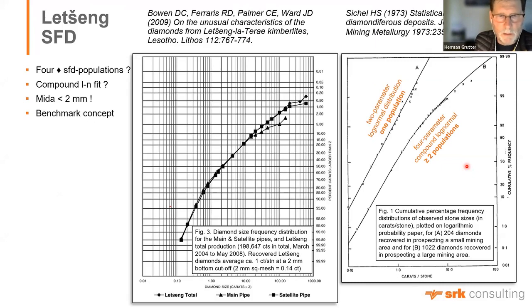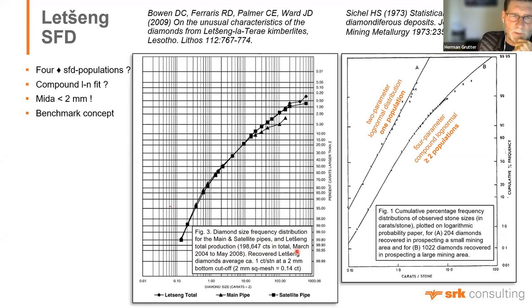It is unique in the sense that, let's read the caption over here. Figure 3. Diamond size frequency distribution for the main and satellite tapes and Letseng total production, 200,000 carats on one graph over a period of 4 and a bit years of production.